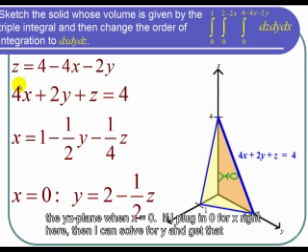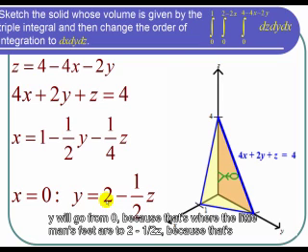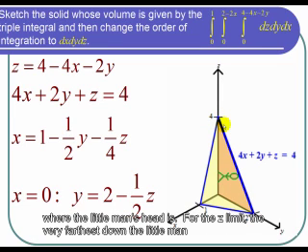So if I plug in 0 for x right here, then I can solve for y and get that y equals 2 minus a half z. So I divide by 2 and then move that 1/2 z over. So that'll be the middle limit, that y will go from 0, because that's where the little man's feet are, to 2 minus a half z, because that's where the little man's head is.